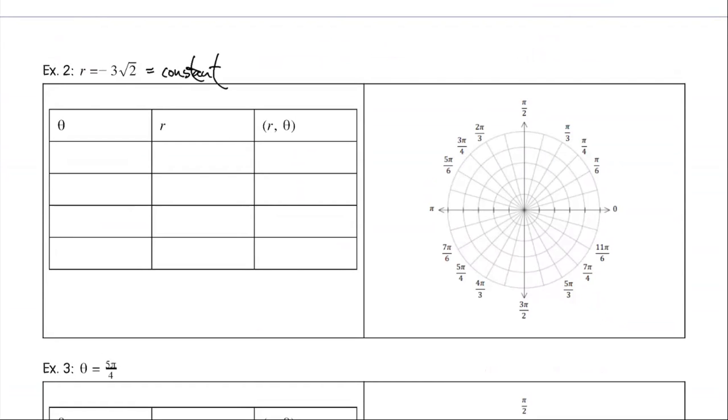So from here, we can say this is going to be a circle centered at the origin, and the radius is going to be 3 root 2. If I type that into the calculator and turn it into a decimal, it's about 4.25.